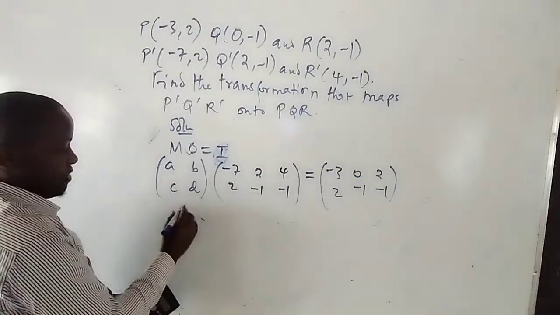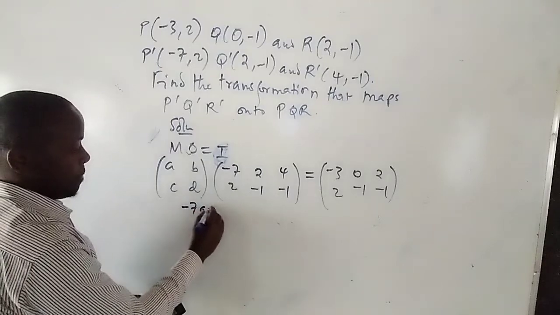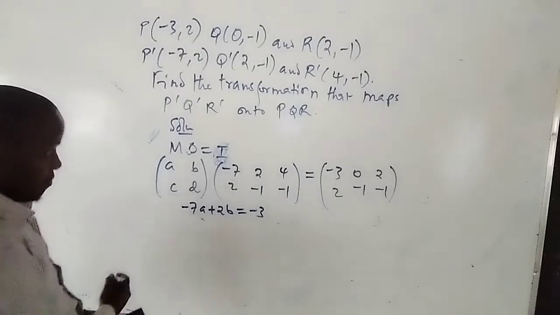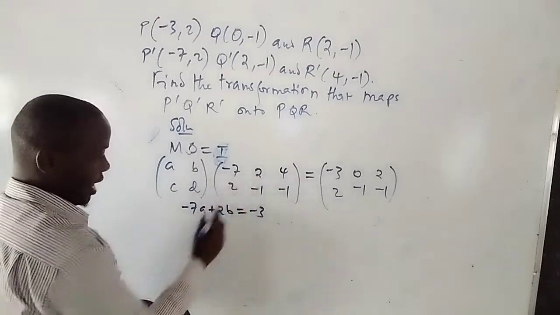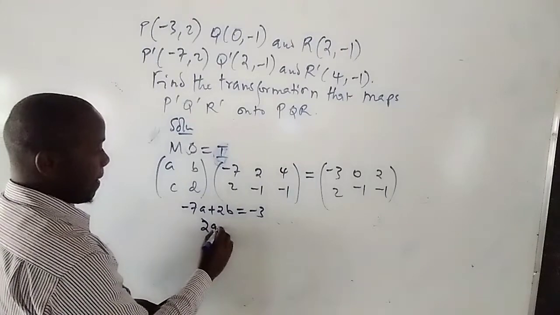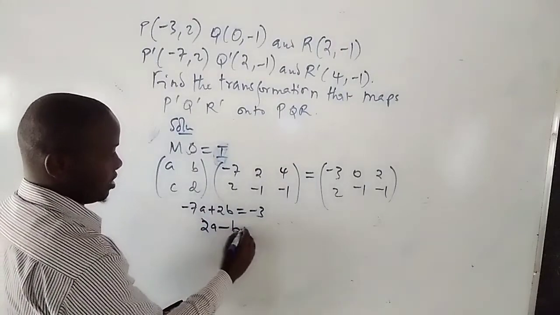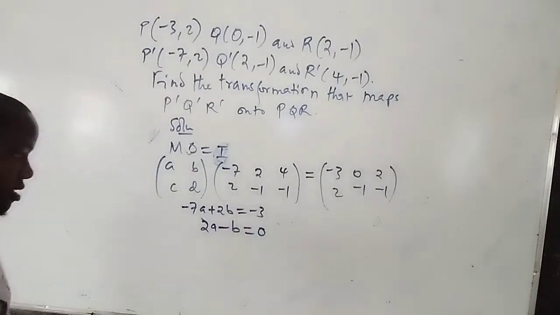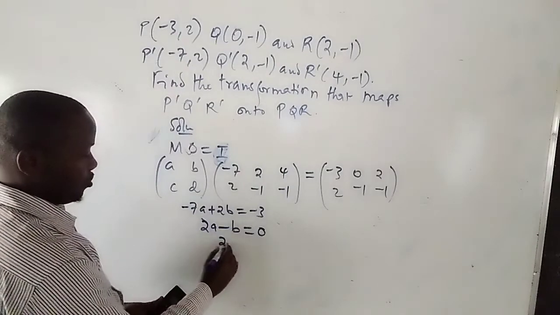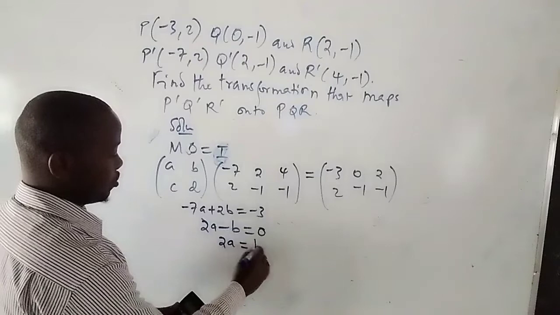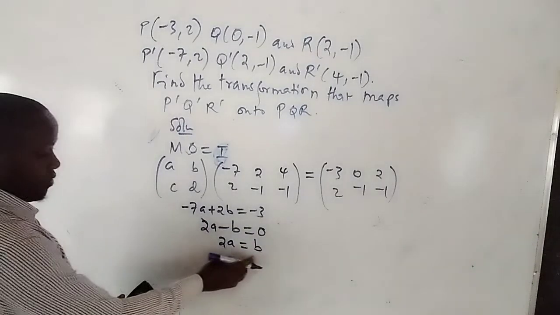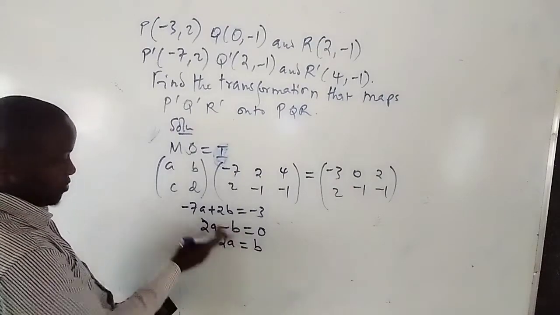Therefore, A by -7 becomes -7A plus 2B. They should give us -3. That is one equation. Again, A by 2 becomes 2A, B by -1 becomes -B. They should give us 0. So we can say 2A is equal to B. So if 2A is equal to B, then where we have B, we can replace with 2A in this one.